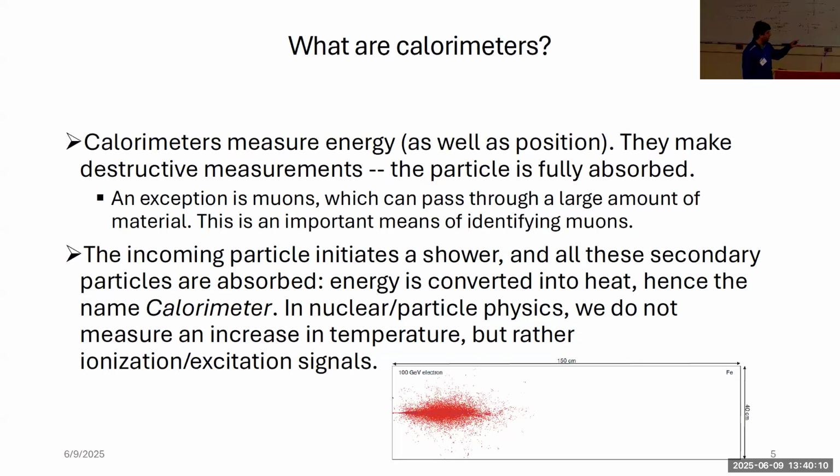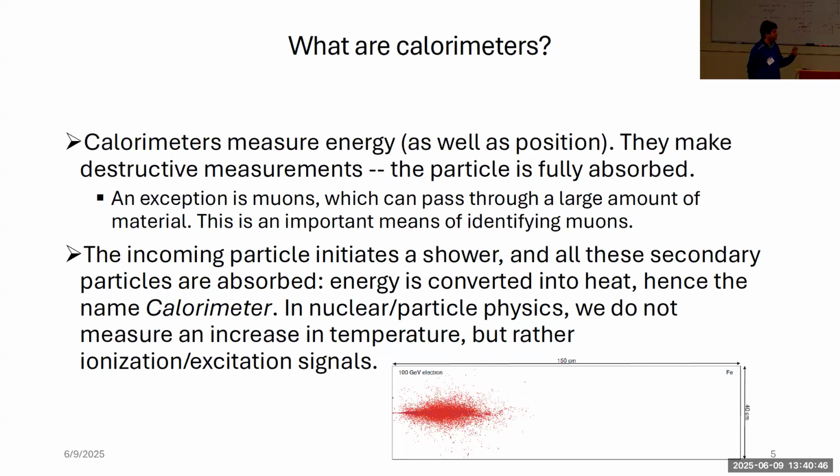Now, when the particle hits the calorimeter, it initiates something called a particle shower. This means that it creates secondary particles inside the detector volume, and then these particles get absorbed. So basically, the whole energy of that initial particle is converted into heat, which is why we have the name calorimeter. In nuclear and particle physics, we do not actually measure the increase in temperature, because one electron is not going to increase the temperature of a block of lead and scintillator to an appreciable degree.